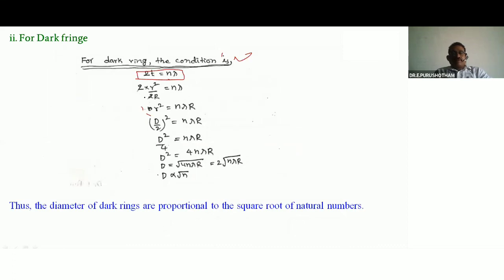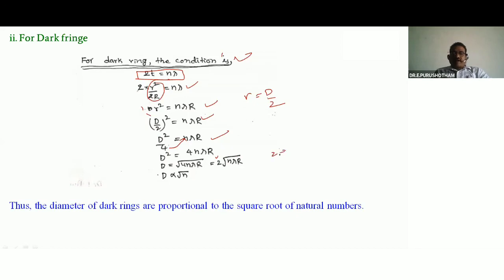So 2 into the t value, r square by 2R, is equal to n lambda, so r square is equal to n lambda R. Substituting D by 2 for small r, D square by 4 is equal to n lambda R. So D square is equal to 4n lambda R, and D is equal to the whole root, so root 4 is 2, and the remaining is root of n lambda R.